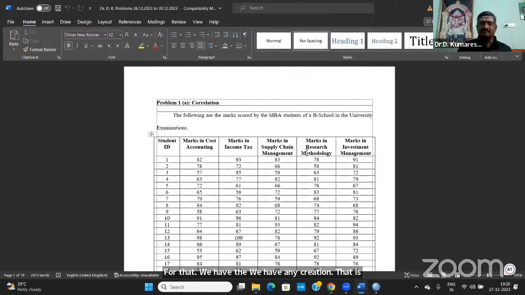Now we take the variables as X and Y. We don't know which is dependent and which is independent.